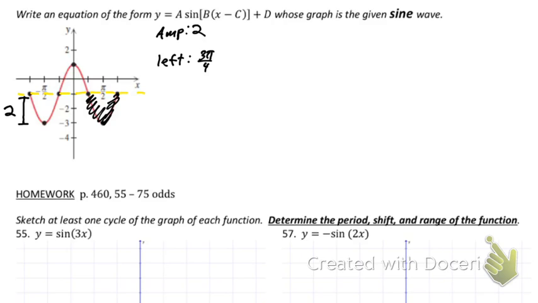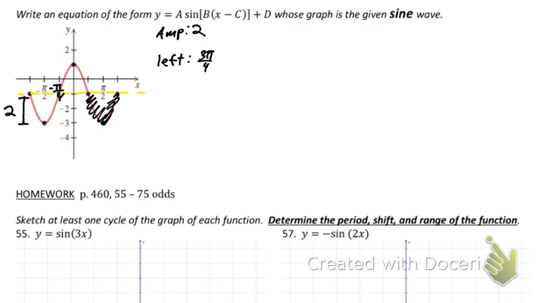If this is pi over 2, then this is half of pi over 2, which is pi over 4. This is 1 pi over 4. This is 2 pi over 4, which happens to be pi over 2. And this would be 3 pi over 4. So it is 3 pi over 4 to the left.